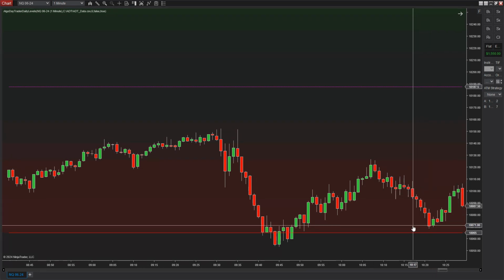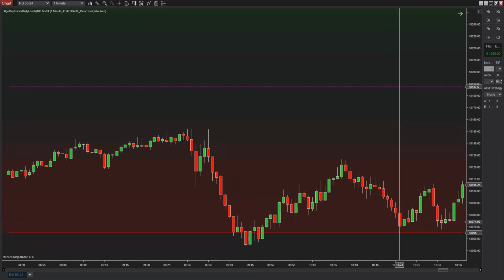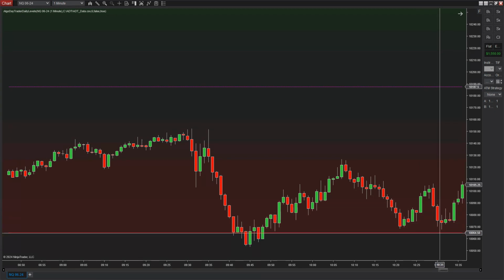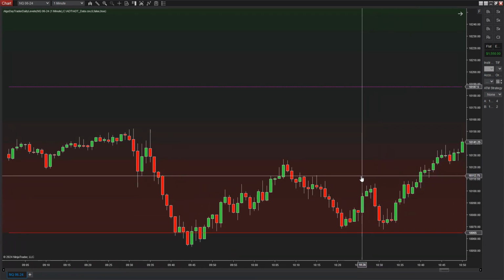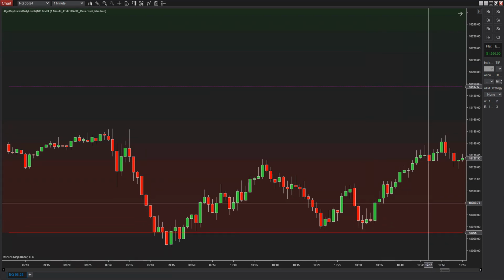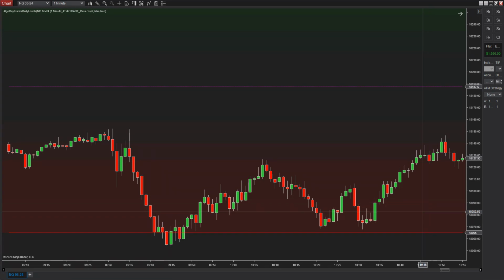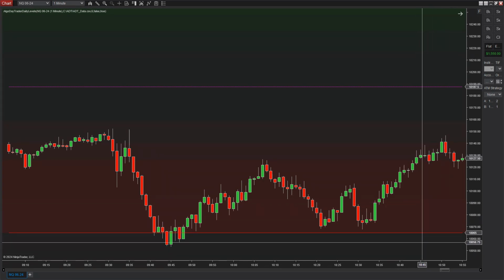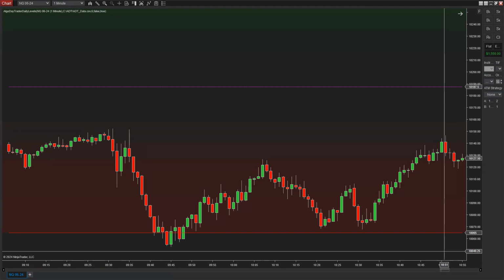But look what happens. They attempt once, they attempt twice, and once again they move away. At this point, and I made it clear in the room, now I begin to have doubts about breaking 65 and going down to 18,005.